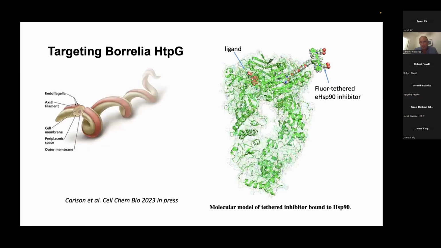Just a quick touch on what we're doing next, and that is to do with, we've also been funded heavily to look at infectious diseases because our same target is actually conserved in a number of bacterial organisms.